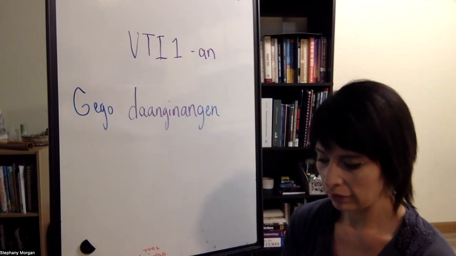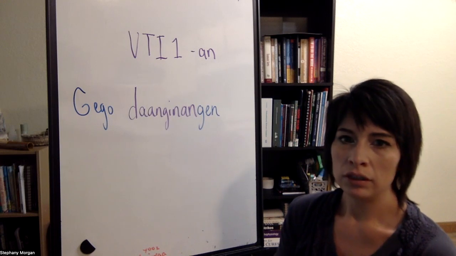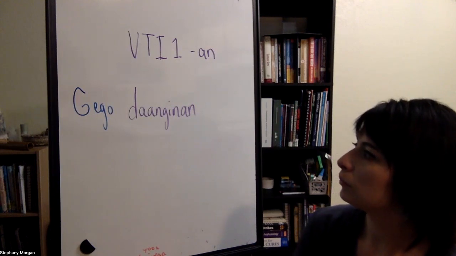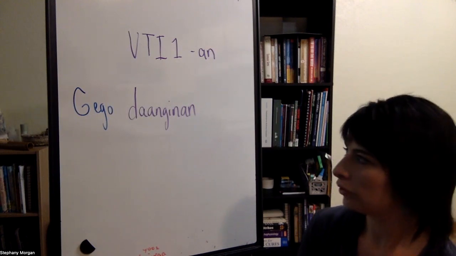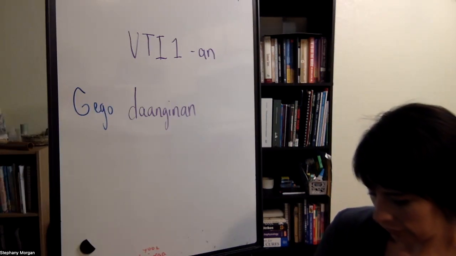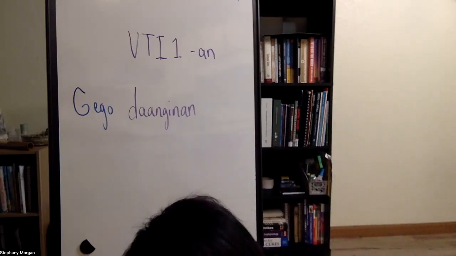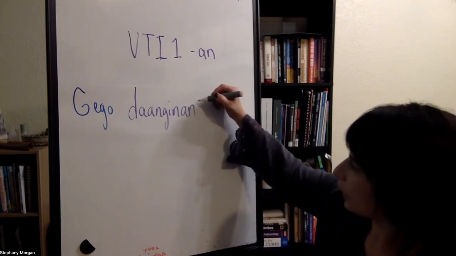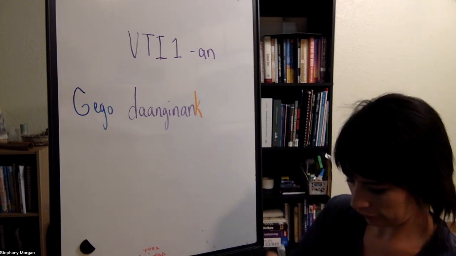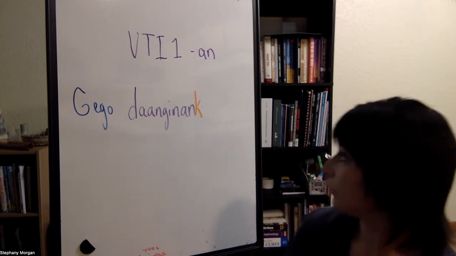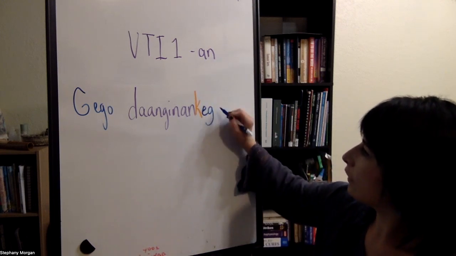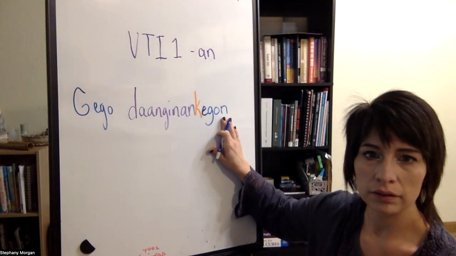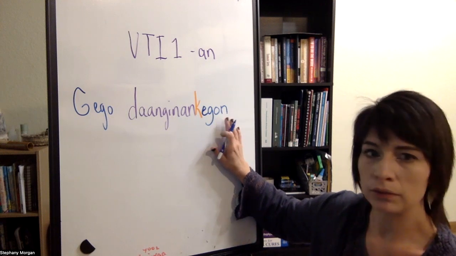It's a little different in this form. In this form, it is gago, dan, gin, none, kegon. We get that K back in here. Now it's spelled like this, but the pronunciation is Kekwon.